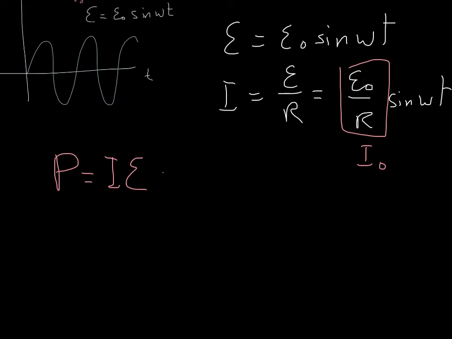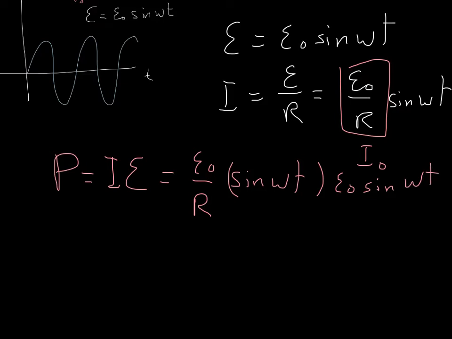So the current is E0 over R times sine of omega t, and then the EMF is E0 sine of omega t.